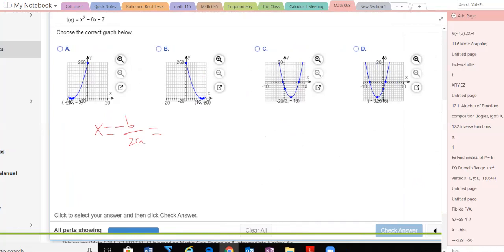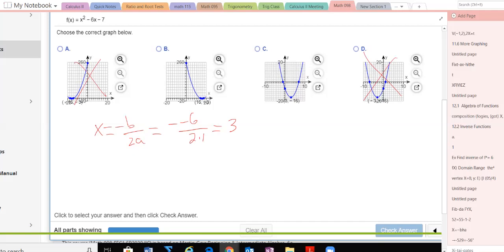So in our case, it would be -(-6) over 2 times 1, which is 3. And that rules out this one. Oh, wait a minute, I'm sorry, that one's okay. It rules out this one and this one. It might be one of these two.